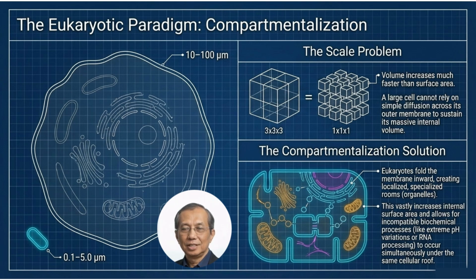Eukaryotic cells have ingeniously solved this scale problem by folding their membranes inward, creating specialized internal compartments known as organelles. This not only dramatically increases the internal surface area, but also allows for incompatible biochemical processes to occur simultaneously within the same cell, leading to greater efficiency and complexity.